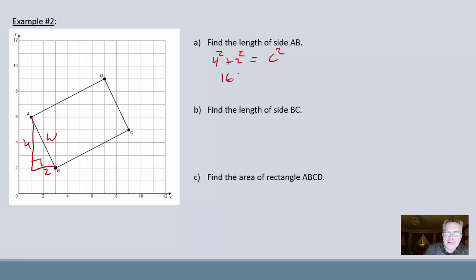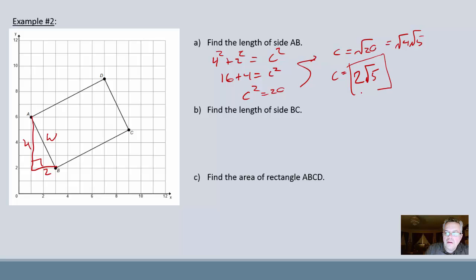That's 16 plus 4, so c squared is 20. So c is the square root of 20, and we know we can simplify. That's 4 and 5, so c is 2 times the square root of 5. The way I did that was square root of 4 times square root of 5, and square root of 4 becomes 2. Okay, that's the width.